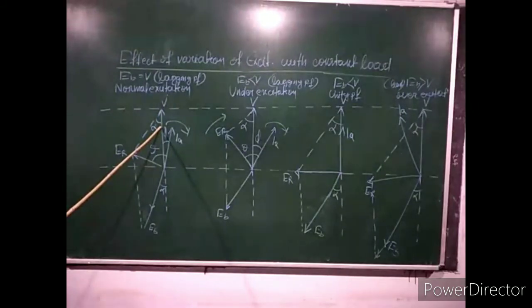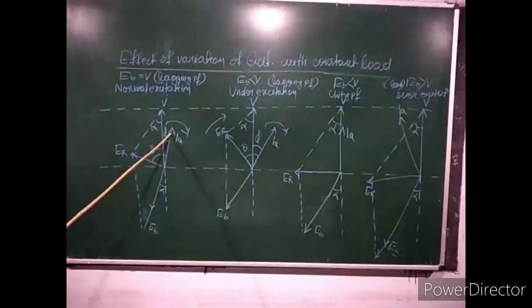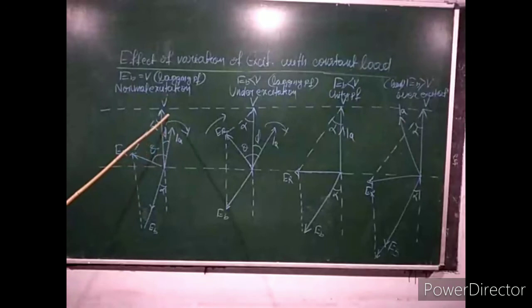Since the power is constant, the armature current IA decreases with increase in power factor. Suppose IA changes by increasing the field current, until IA is in phase with the voltage.